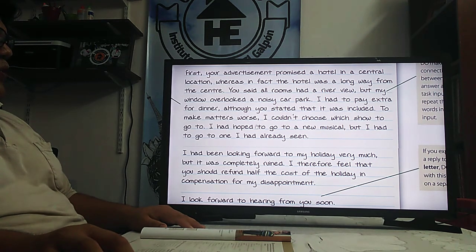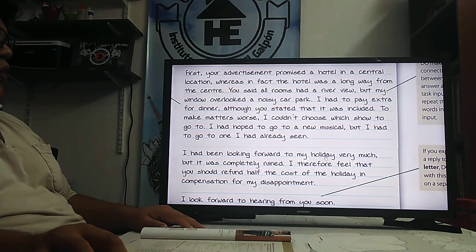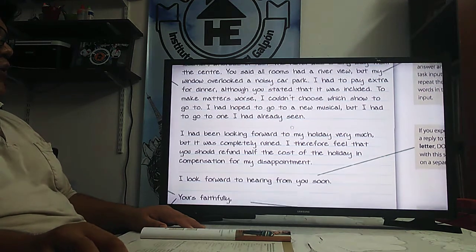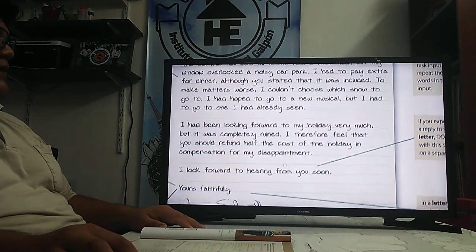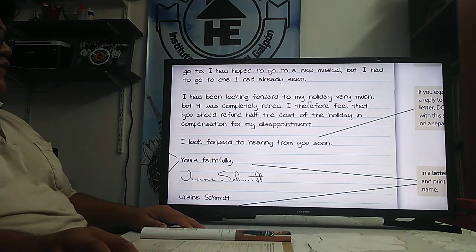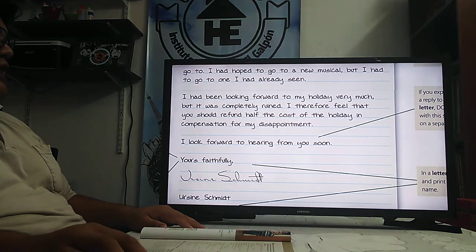To make matters worse, I couldn't choose which show to go to. I had hoped to go to a new musical, but I had to go to one I had already seen. I had been looking forward to my holiday very much, but it was completely ruined. I therefore feel that you should refund half of the cost of the holiday in compensation for my disappointment.